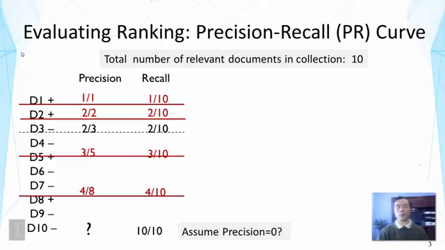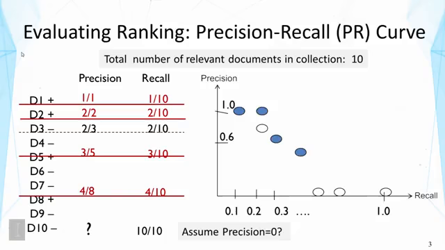So you can preserve the order. Okay, so we just talked about that. We can get a lot of precision recall numbers at different positions. So now you can imagine we can plot a curve. On the x-axis, we show the recalls, and on the y-axis, we show the precision.